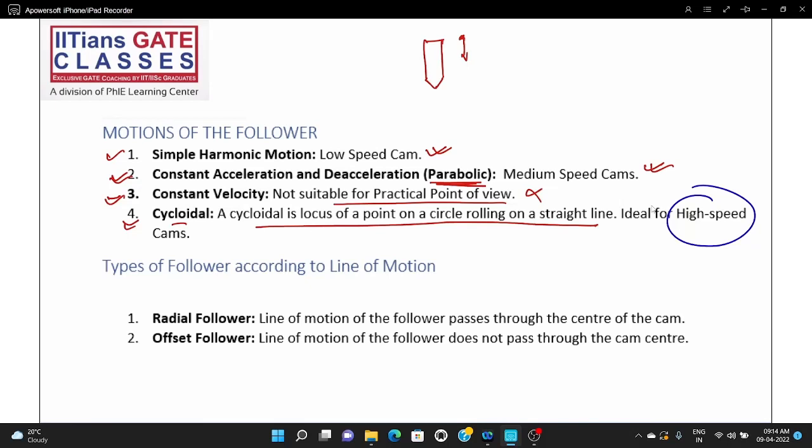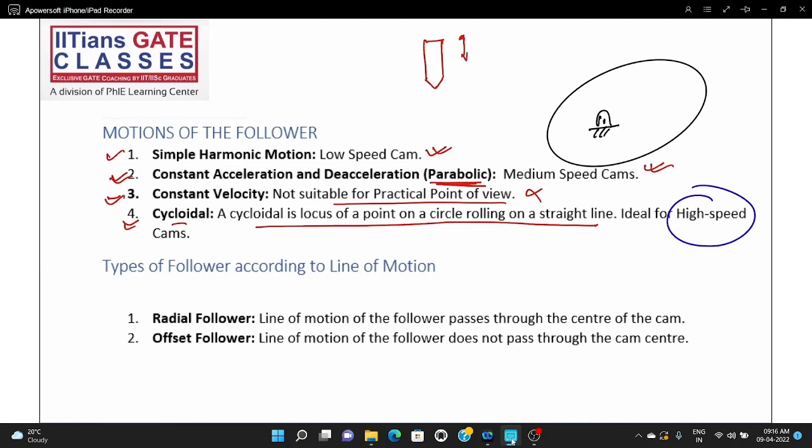So what exactly is a radial follower? I'll show you a proper diagram. Suppose this is the cam, fixed here.